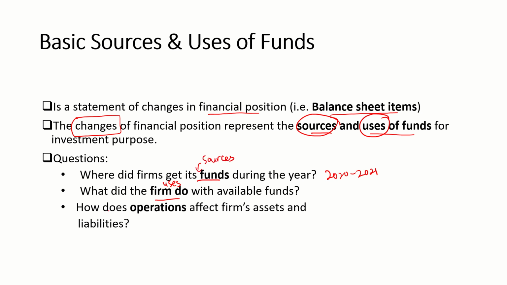And how do operations, what does operations mean here? What are the businesses doing? How do the operations affect the firm's assets and liabilities? How is the firm using the funds to operate the business?